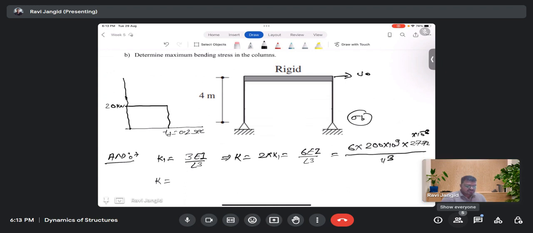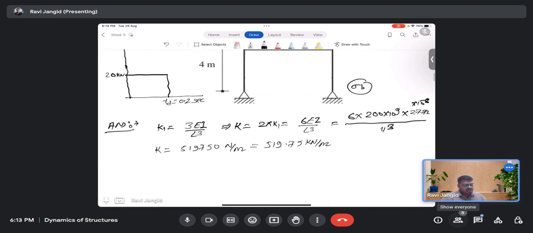It is about 520 kilonewton per meter. Precisely, it is 519750 newton per meter, so we can write it as 519.75 kilonewton per meter.